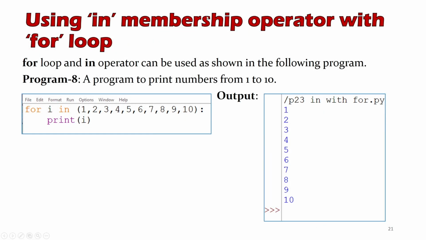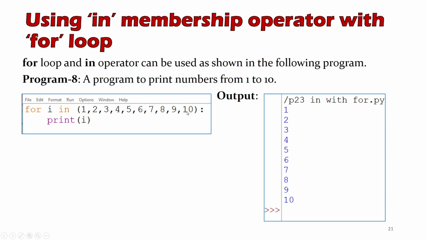Using the in membership operator with a for loop. So how can we use it? The for loop and in operator can be used as follows, to print 1 to 10. For I in, I have given the sequence 1 to 10, then the colon, print I. Here this is a for loop, and it will check for all the numbers in this group.